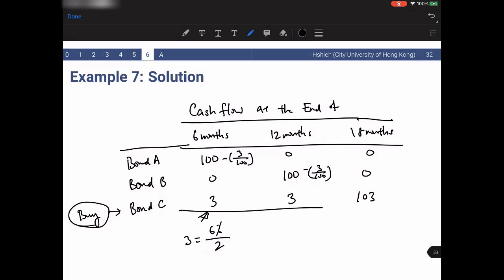And once we sum them up vertically, we have minus 3 plus 3, which is 0. So just make sure that we're selling 3%. We will end up with a synthetic portfolio of bonds that has no coupon payments at 6 months and 12 months. But in 18 months, we will have a final payment of 103. So we finally derived a portfolio that mimics a zero coupon bond that pays out at the end of 18 months. Okay?